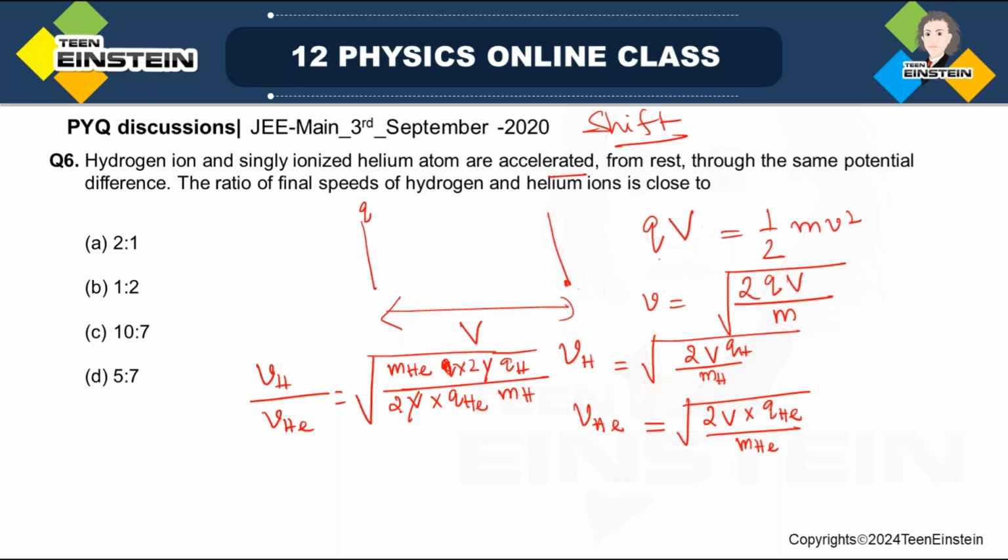So this V goes up, this 2 goes up. Say mHe is 4, this is 1 divided by, this is 2 times, and this is 1.